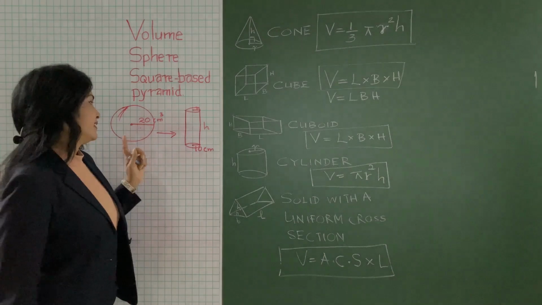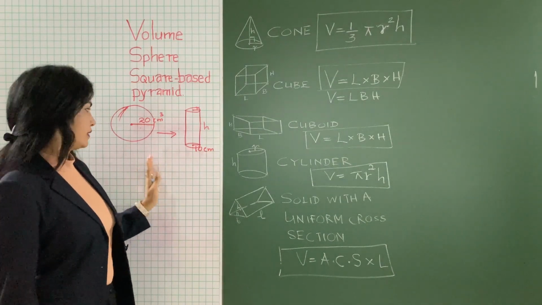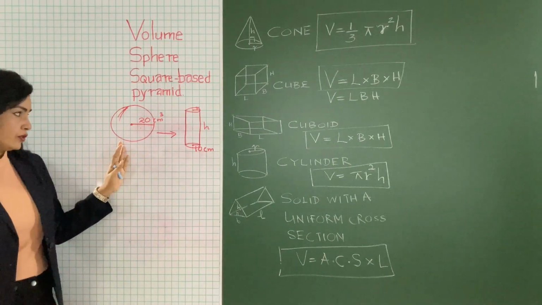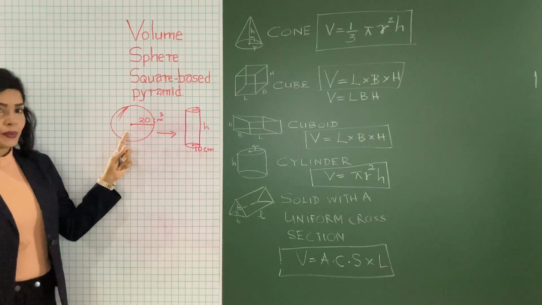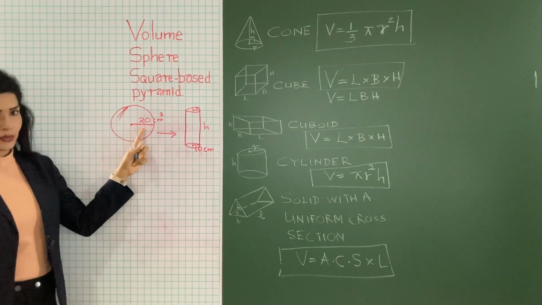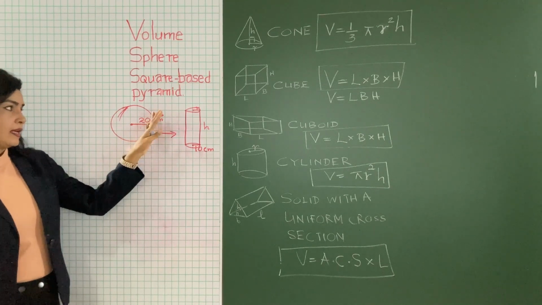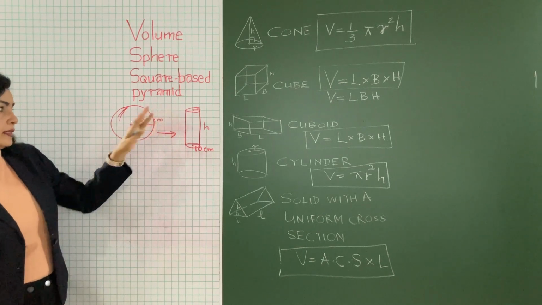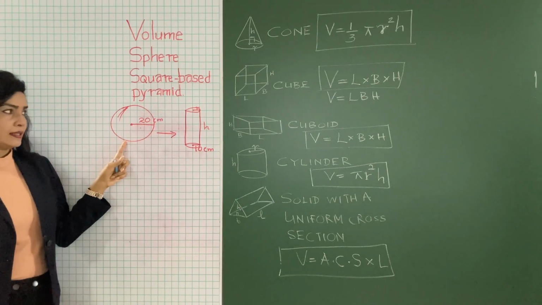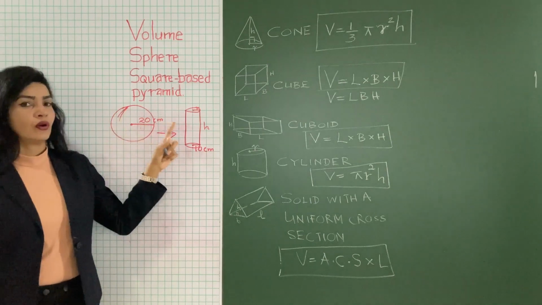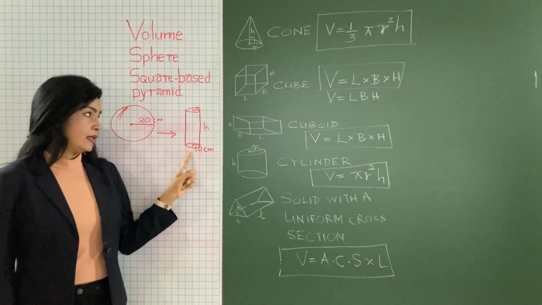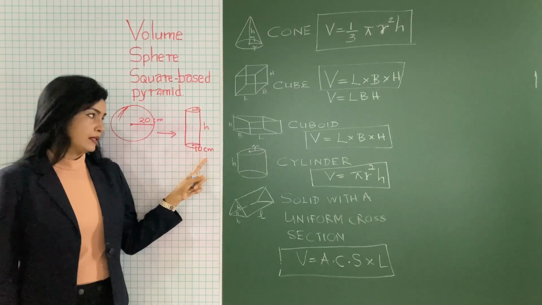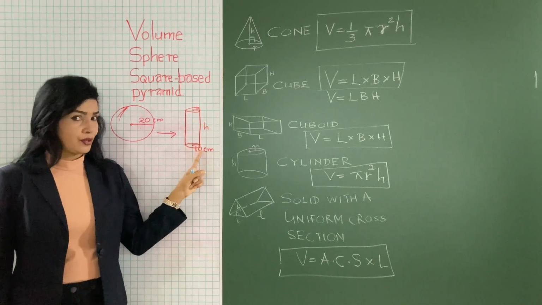Okay. Now we are moving on to a question based on this volume formula. There is a sphere of radius 20 centimeters and it is melted. Assume that it is an iron sphere. It is melted and formed a cylinder with radius 10 centimeters, but the height is unknown.